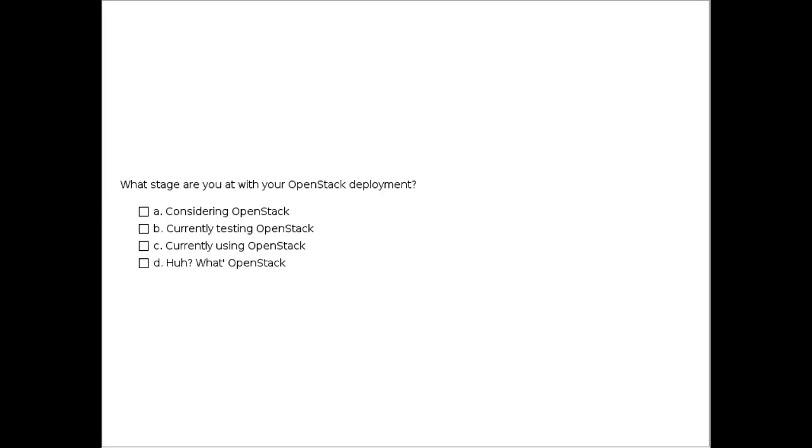That you're currently testing OpenStack, so you actually have the bits deployed, you've got compute instances stood up, and you're using Horizon to provision instances to test workloads. You're currently using OpenStack, so this means you actually have workloads that are relevant to your business, be those production or test/dev, that are currently running in OpenStack. Or you're here to find out what OpenStack is, which again, is a perfectly valid answer.